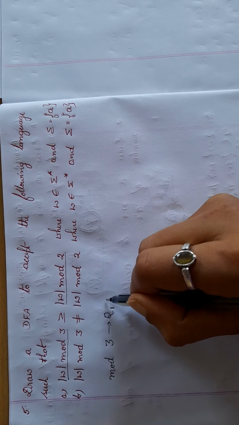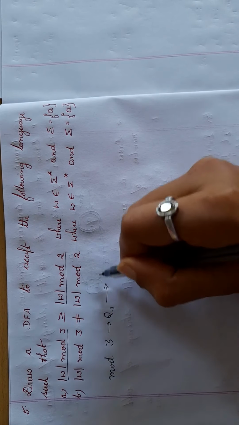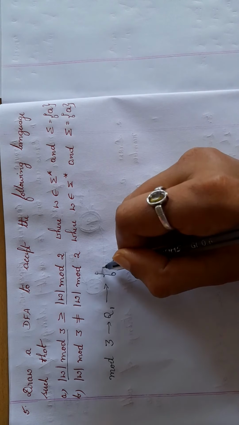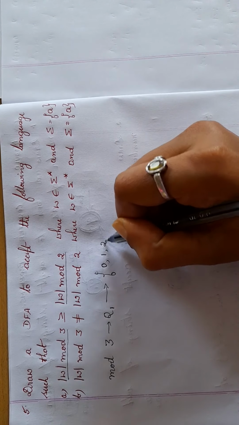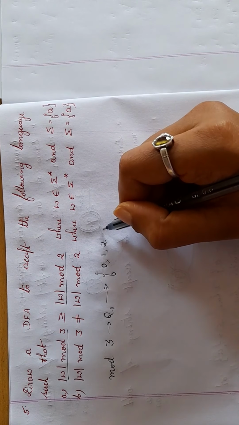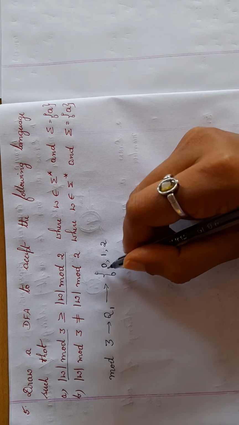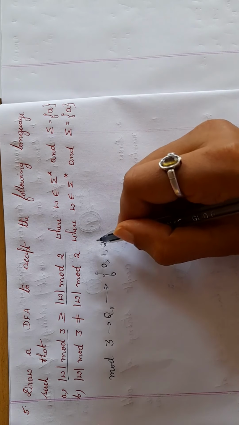What are the different remainders that you can have? With respect to mod 3, when I do something mod 3, the different possibilities are 0, 1, or 2. Next if I read 3, once again it becomes 0. So 0, 1, 2, 0, 1, 2 repeats. This is with respect to mod 3.